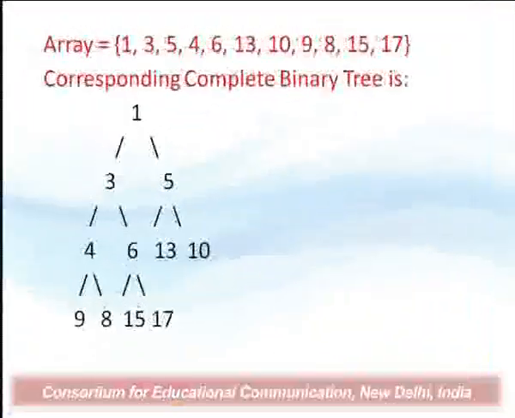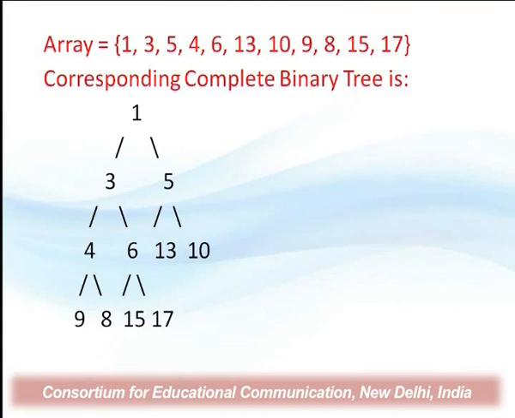The complete binary tree will look something like this. It has 1, 3, 5, 4, 6, 13, 10, 9, 8, 15 and 17. This is the corresponding binary tree, but please notice that this is not a heap. This is neither a min heap nor a max heap, because the elements are arranged in a different manner.